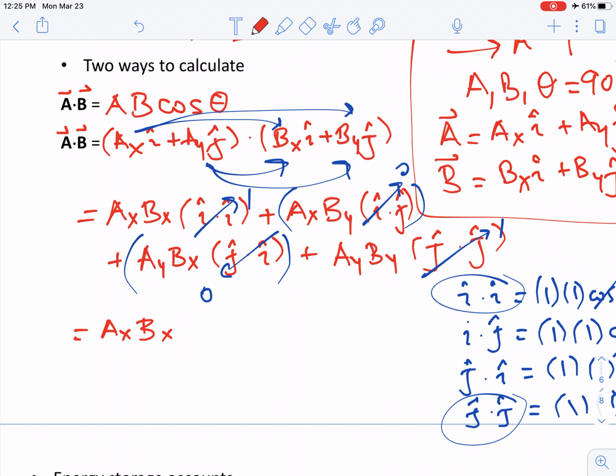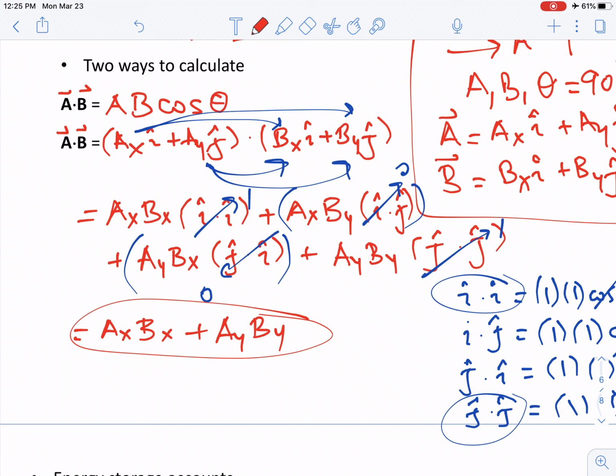We don't have anything left as i's or j's, okay? You should not see it at the end. Plus ay by. If this was a three-dimensional case, then it would also be plus az bz, okay?